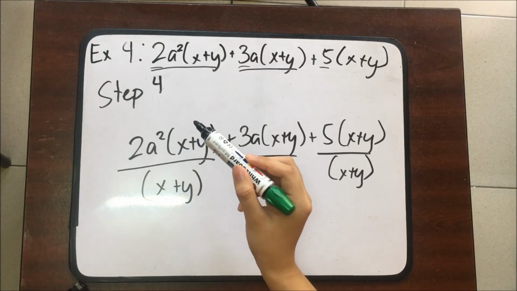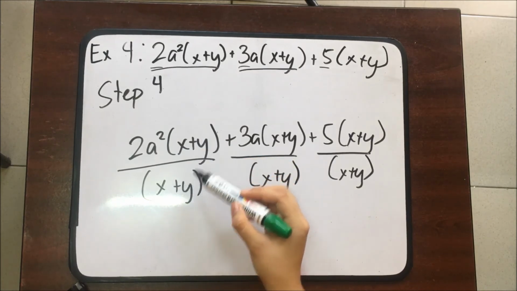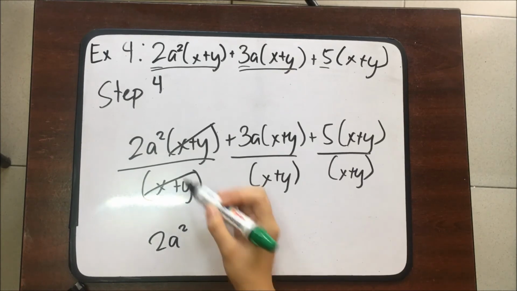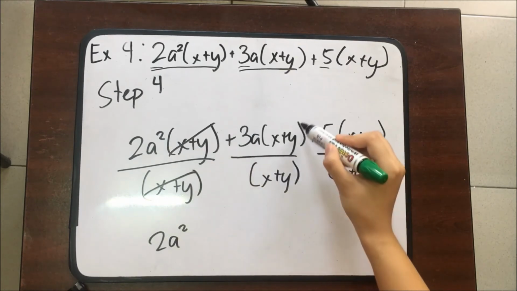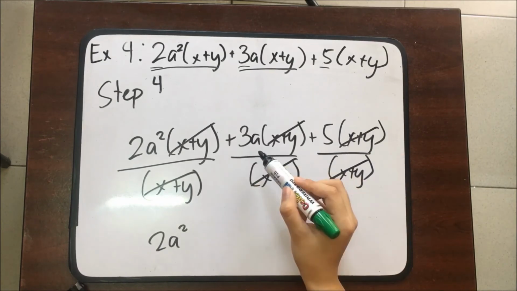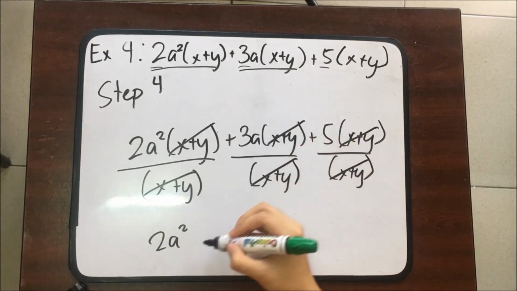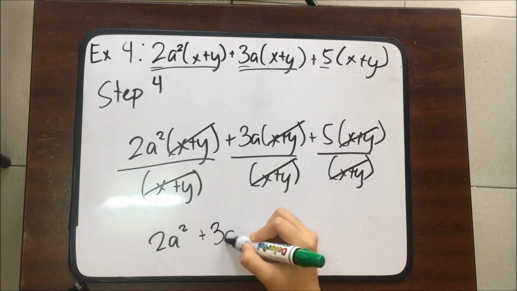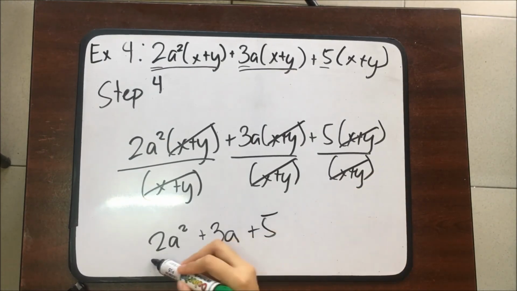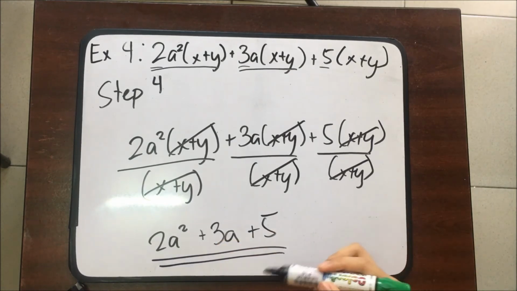A squared times the quantity x plus y divided by the quantity x plus y is equal to 2a squared. This will be cancelled out. So in here too, it will be cancelled out. The quotient for the second term is positive 3a. The quotient for the last term is positive 5. So here is our quotient.